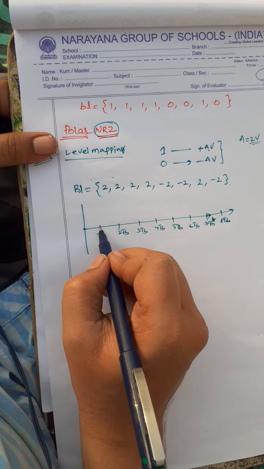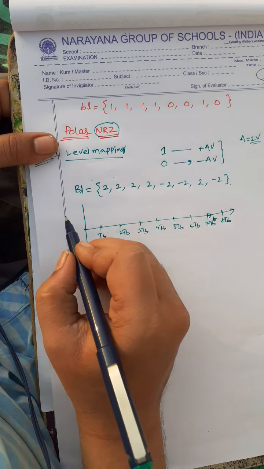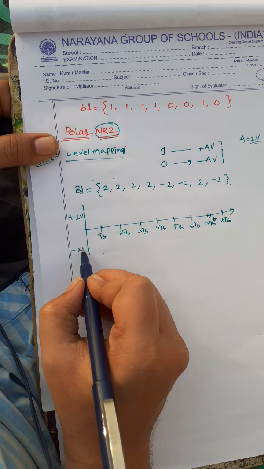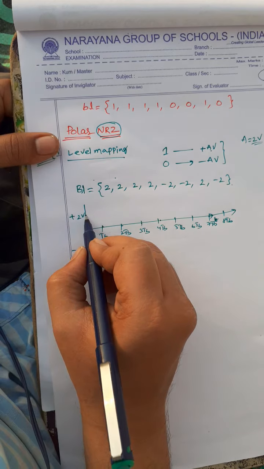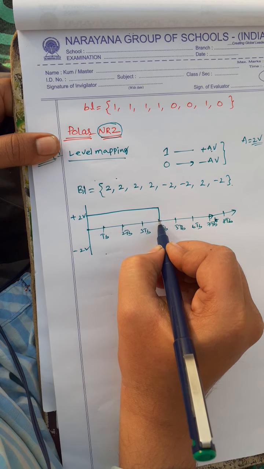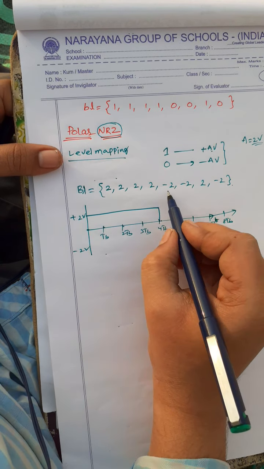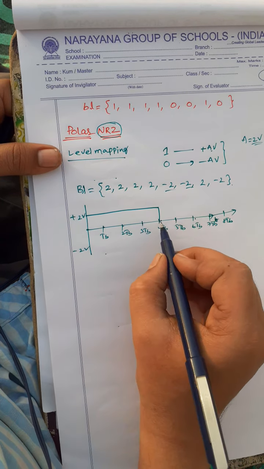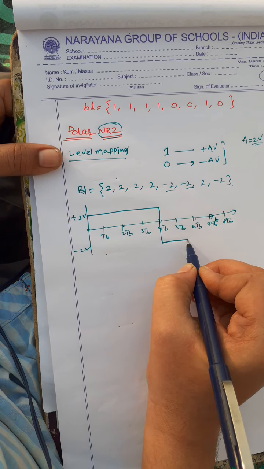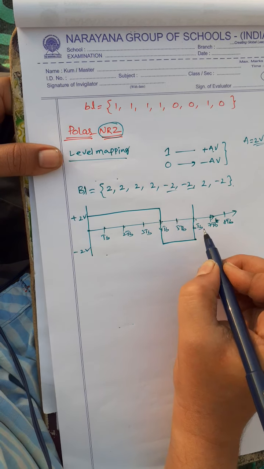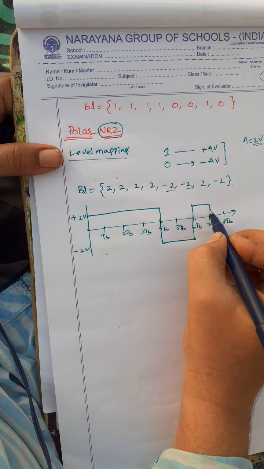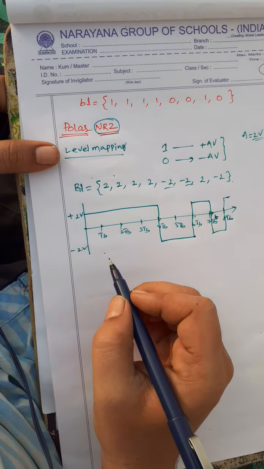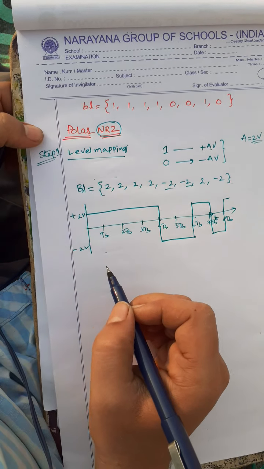So for first TB, second TB, third TB, fourth TB, up to 4 TB periods, the voltage level is plus 2 volts. Right. Next, from 4 to 5 TB and 5 to 6 TB, voltage levels are minus 2 volts. Then again voltage level is plus 2 volts, again minus 2 volts. Right. Okay. This is polar NRZ.